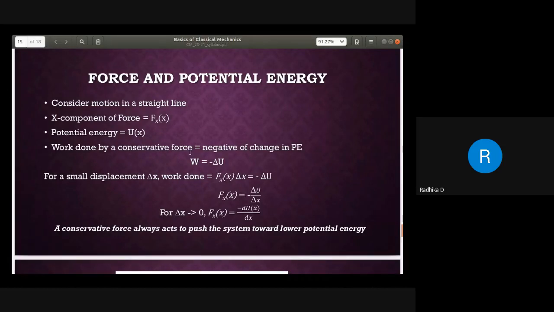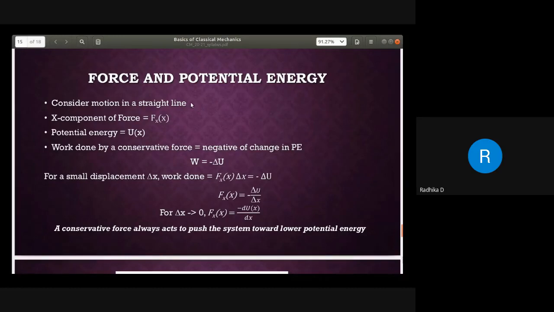Now we are going to establish a small relation between force and potential energy. For that, what you are going to consider is an object, and let it be that this object is moving in a straight line motion.